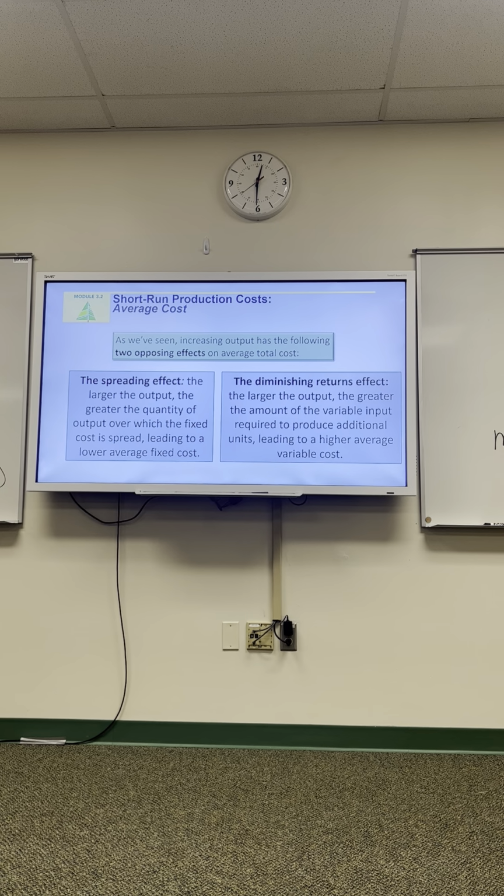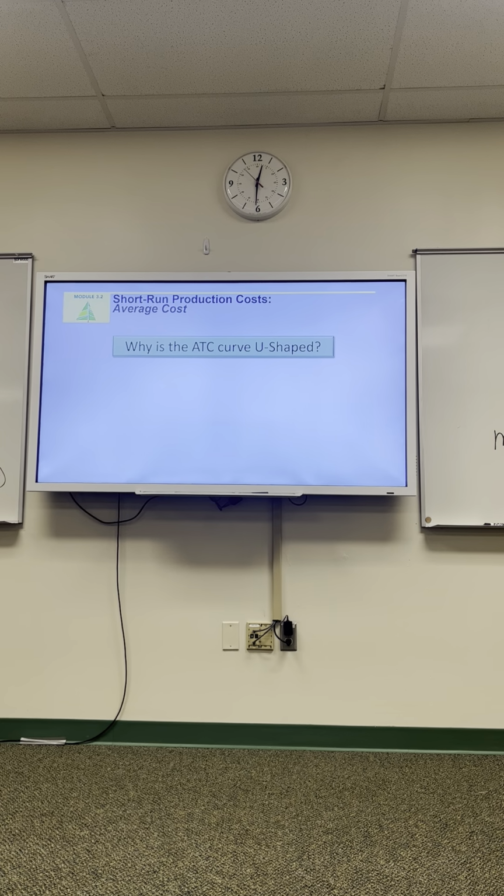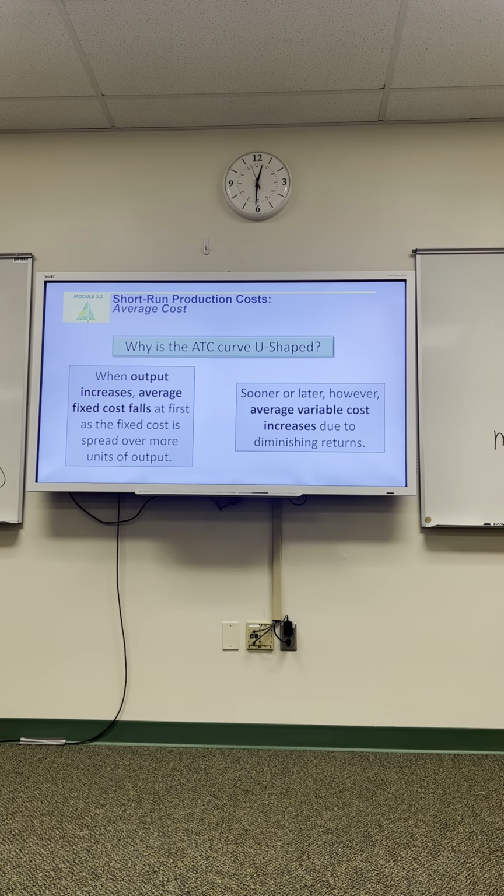But because of diminishing returns, specifically to labor, in your average variable cost, that's pulling it back up again, okay? So, yeah, this is basically all a bunch of different ways to say the exact same thing, okay?